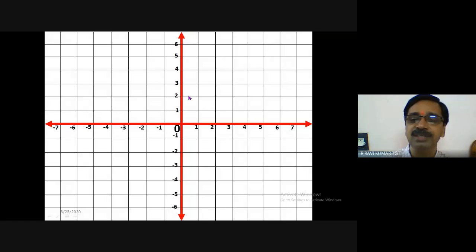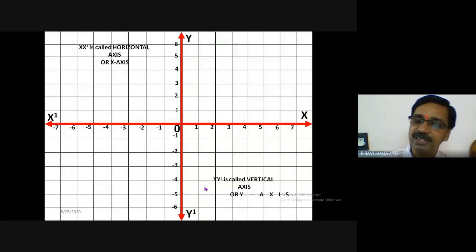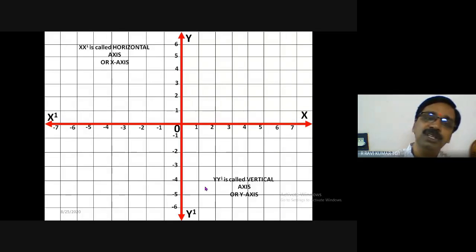And now you can see X dash X, Y dash Y. X dash X is called the horizontal axis or x-axis. Y dash Y is called the vertical axis or y-axis. Once again, I am just repeating the things here.